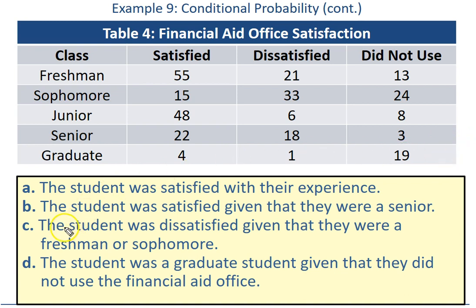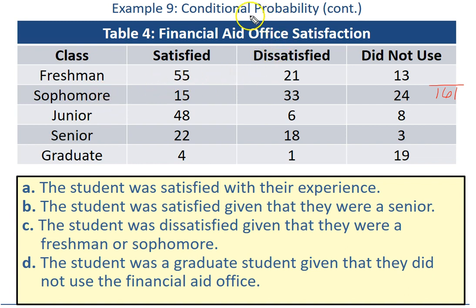All right, in letter C, the student was dissatisfied given they were a freshman or a sophomore. Now, when we add up these columns, the sum of this and the sum of this, we find there are 161 freshmen and sophomores.